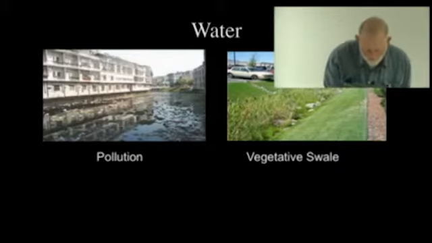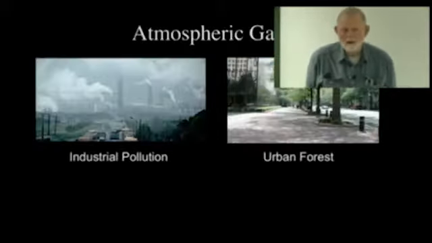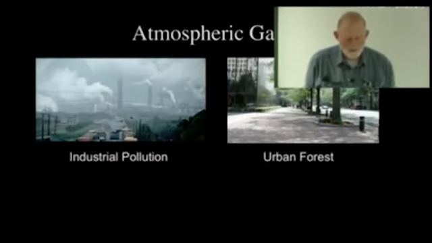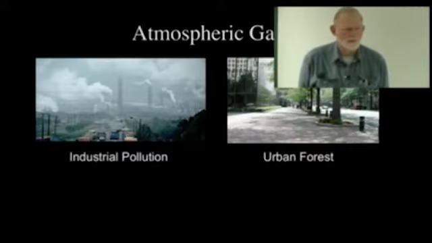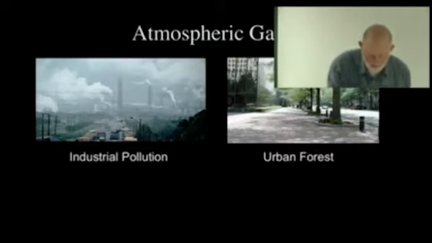In terms of atmospheric gases, pollution has been a serious problem in the industrial age that we talked about this morning. We've reduced it to some degree, and the incorporation of trees into urban environments is a way in which air pollution can further be reduced in metropolitan areas.